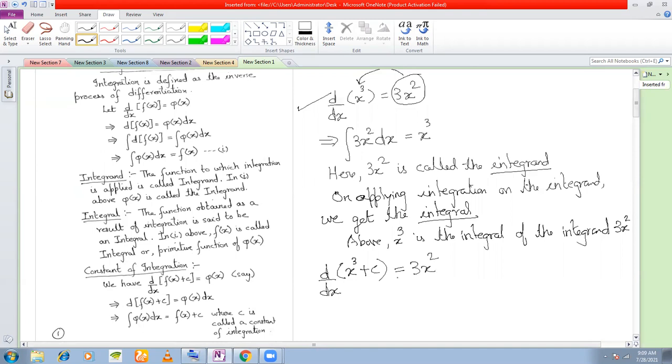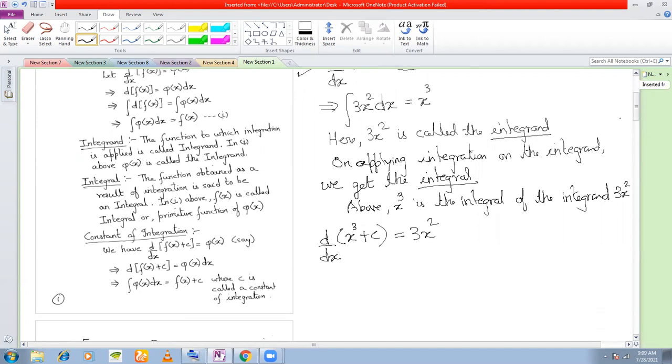Because the differentiation of a constant is 0. So even if I add a constant, the derivative does not change. Therefore, if I integrate 3x square with respect to x, I must get x cube plus c, right?